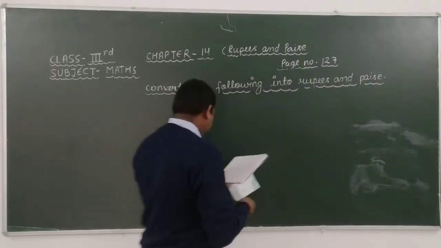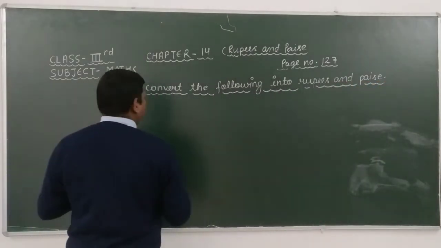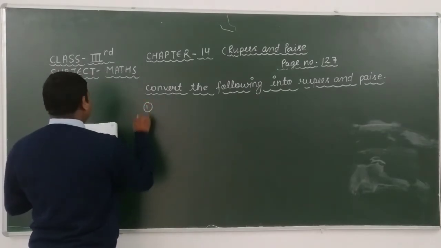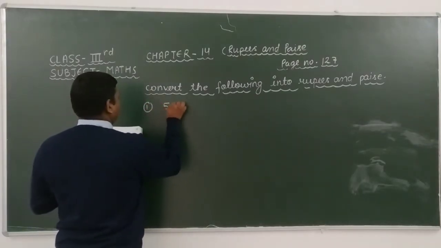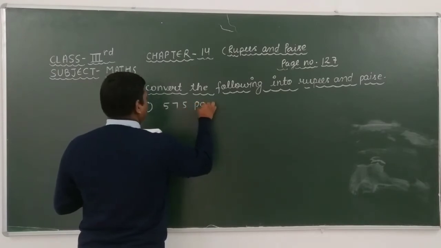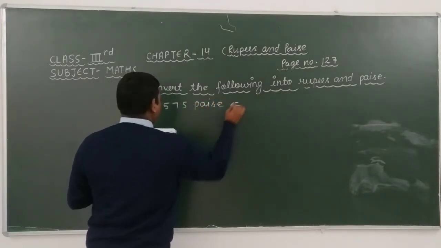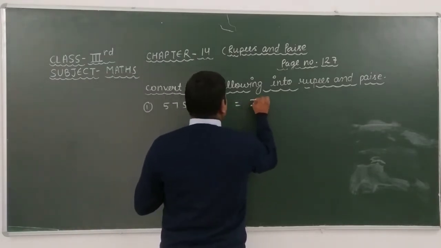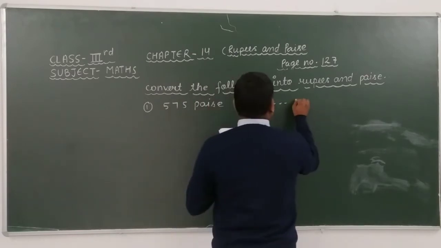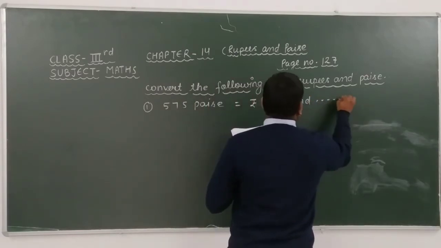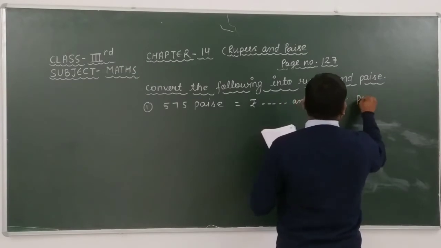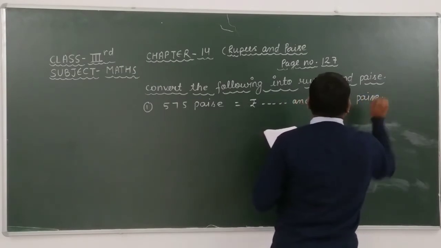In this question there are 5 parts. Question number 1 is 575 paise is equal to rupees dash and dash paise.